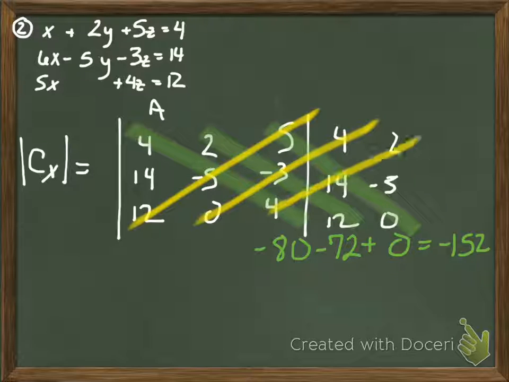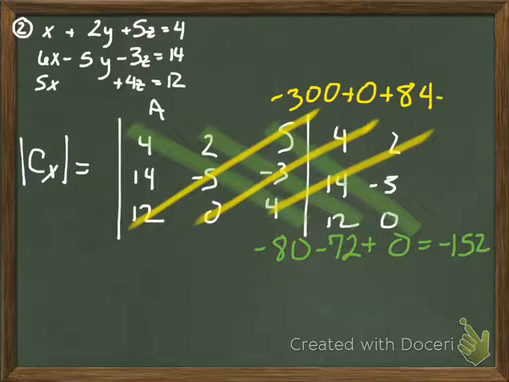Ups: negative 300, negative 300, 0, 0, 84, giving us a total of negative 260. Not negative 260, 16. Oh, 16.